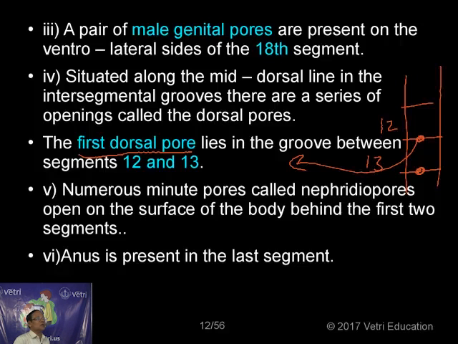Now, we also have numerous minute openings present throughout the body from the 3rd segment onwards, and they are nothing but the openings of the excretory organs, the nephridia. These openings are called nephridial pores. We have numerous minute pores all over the body, opening on the surface, excepting the first two segments, the peristomium and the buccal segment.